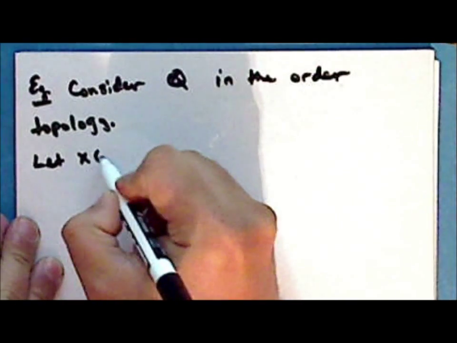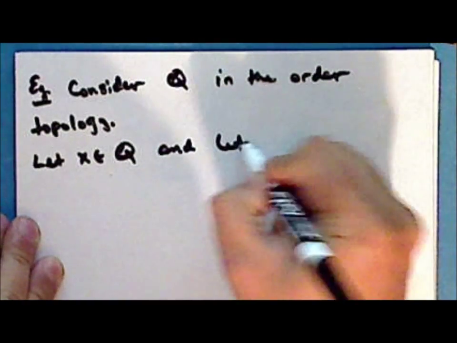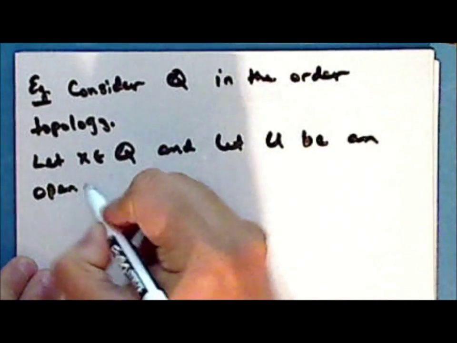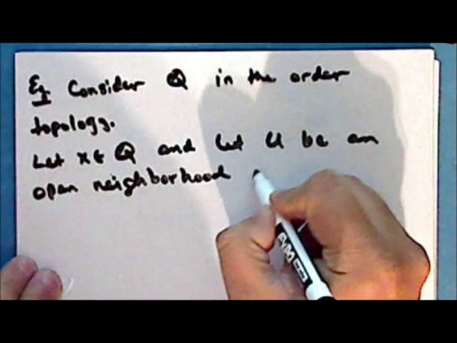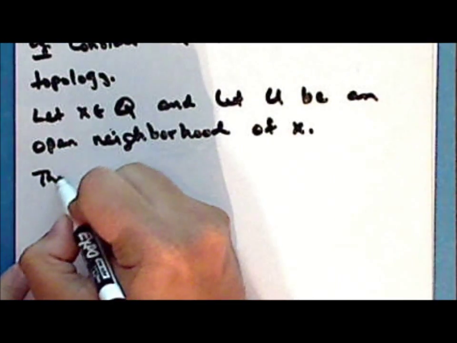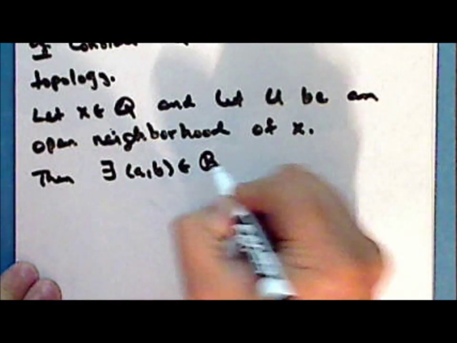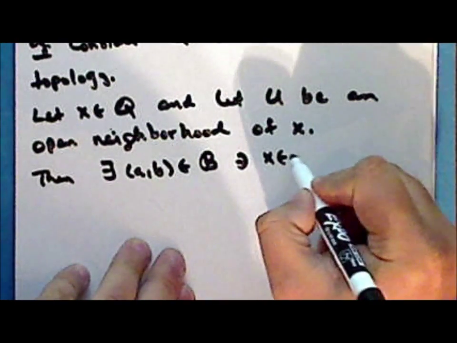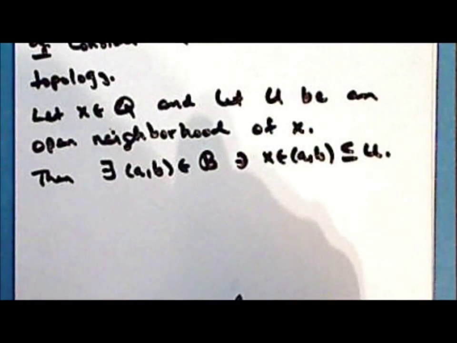Now let X be a point in the space of rationals, and let U be an open neighborhood of the point X. Then there exists an open interval in the basis for the ordered topology on the rationals such that the point X is in this interval, which is a subset of the open neighborhood U.